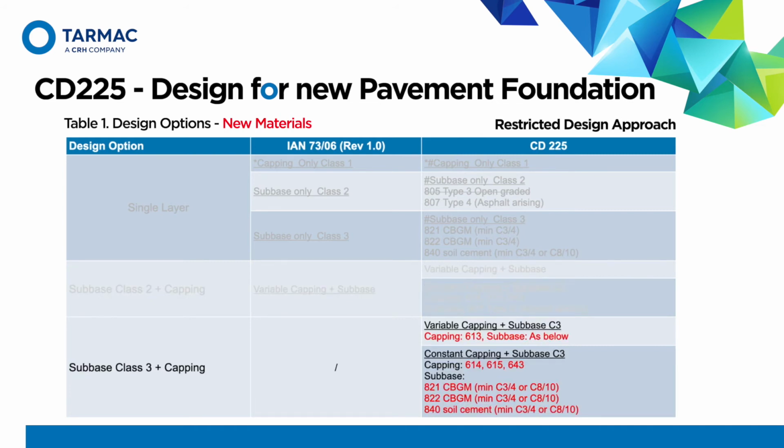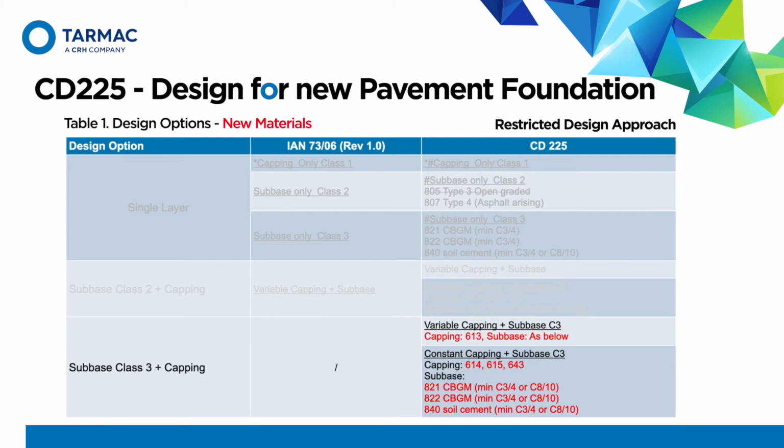The third option, sub-base class 3 and a capping, is a new addition to CD225, which was not covered in IN 7306. It allows for variable capping or a constant capping plus sub-base class 3. For the variable capping plus sub-base class 3, you have the option for capping from class 613.